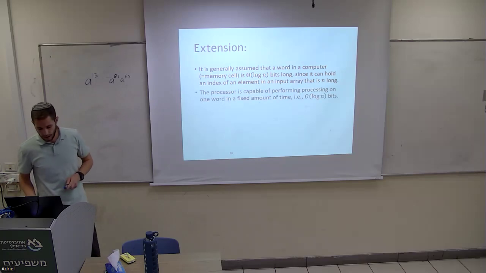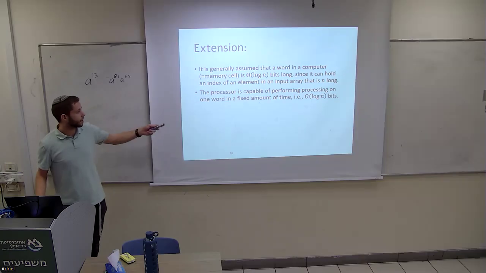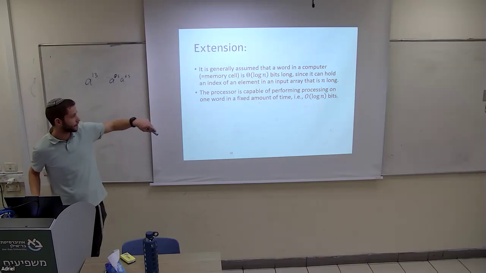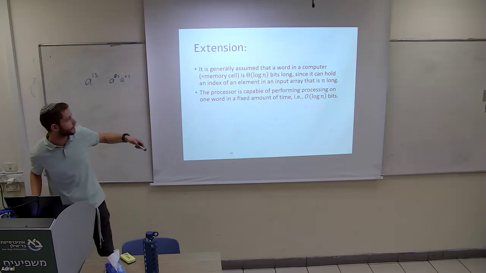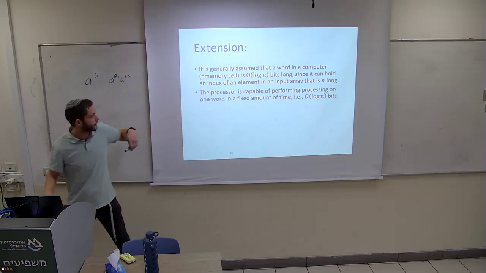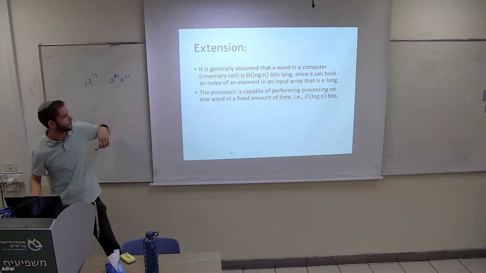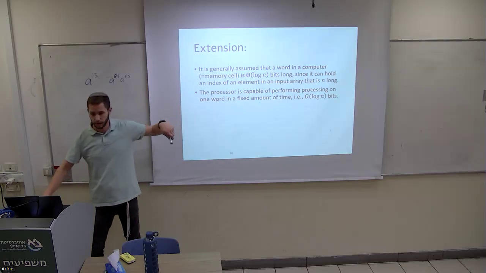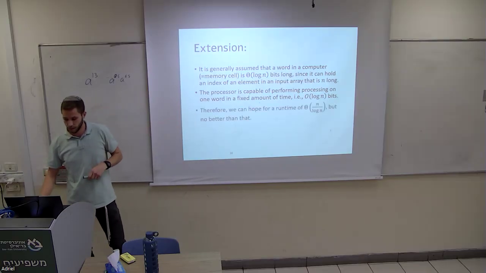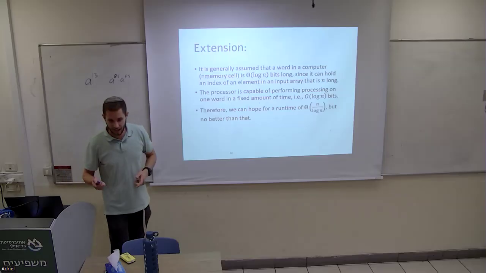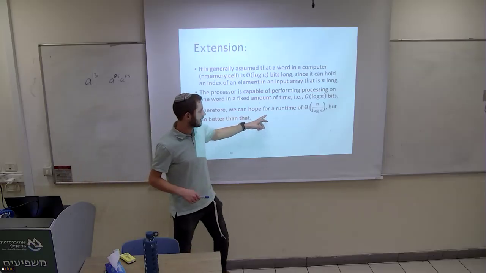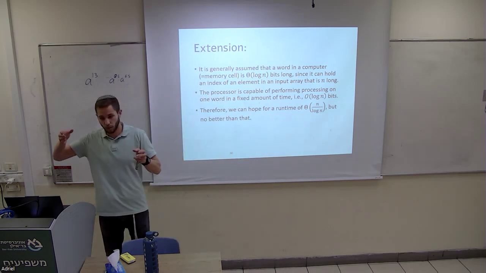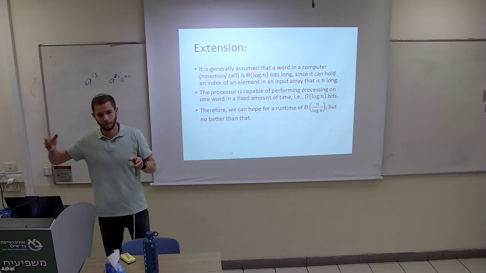The processor is capable of processing a whole word of log n bits in O of 1. So in reality, we can hope for a runtime of n divided by log n, because instead of writing the n bits one by one, we can write log n bits at a time.